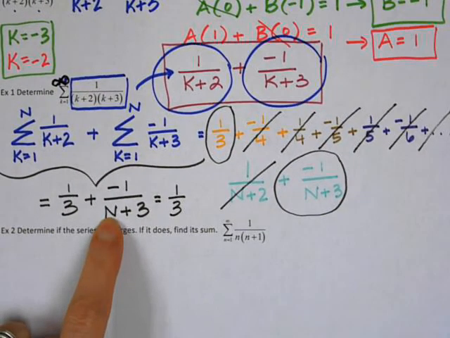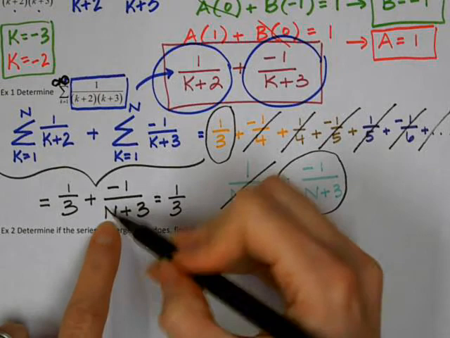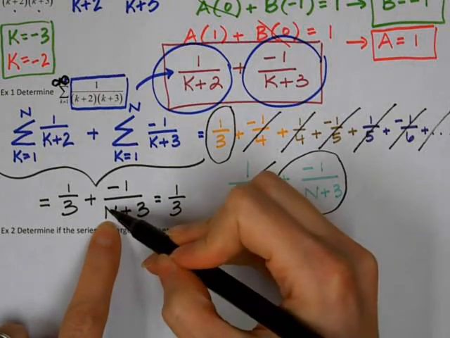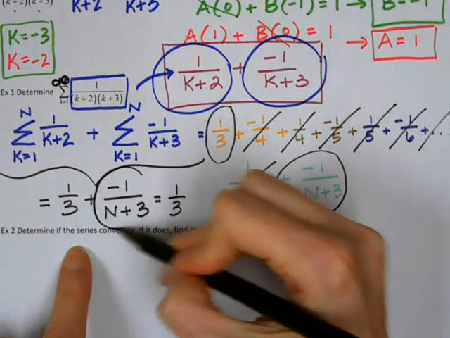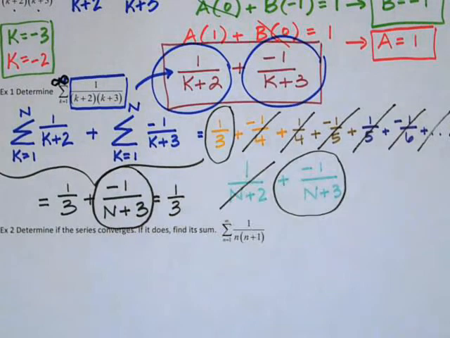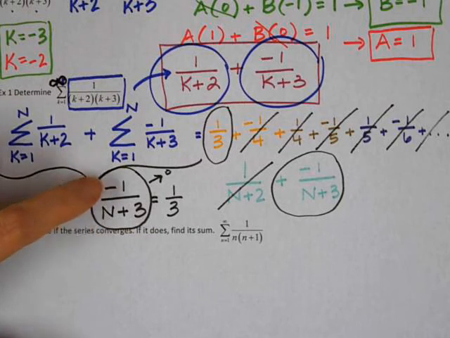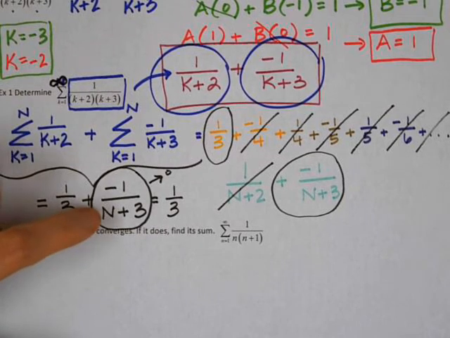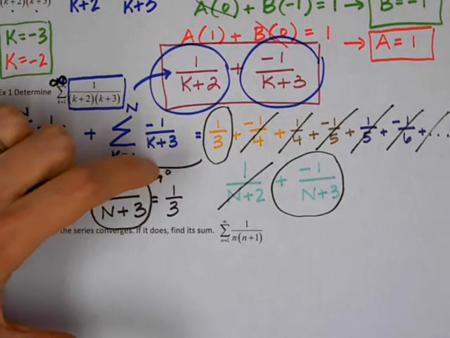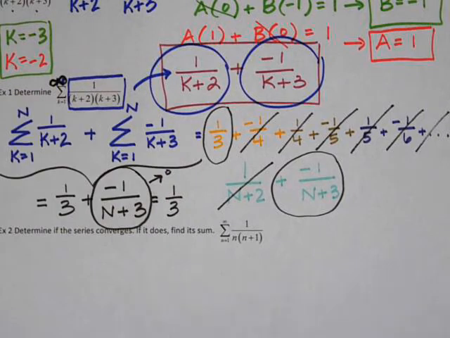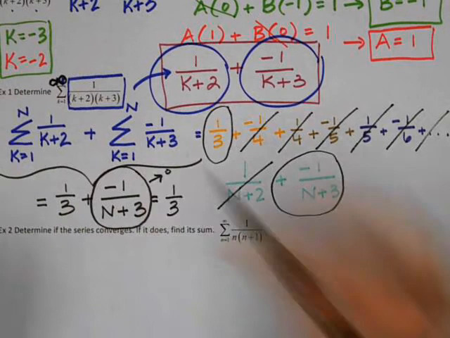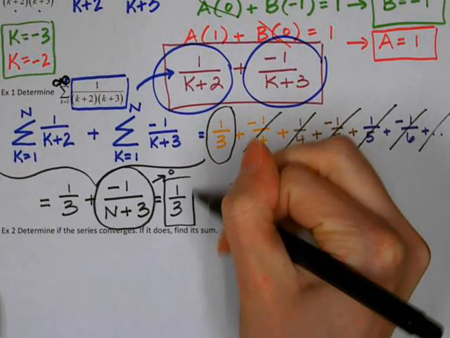But as you start plugging bigger and bigger numbers in for n, this fraction is going to approach 0. Because the bigger n gets, as you divide by bigger and bigger numbers, you end up getting closer and closer to 0. And that's something we can revisit in class. So then, 1/3 plus 0, final answer is 1/3.